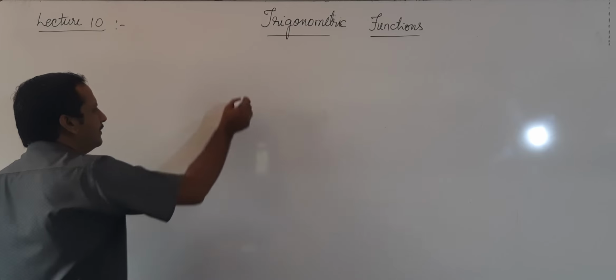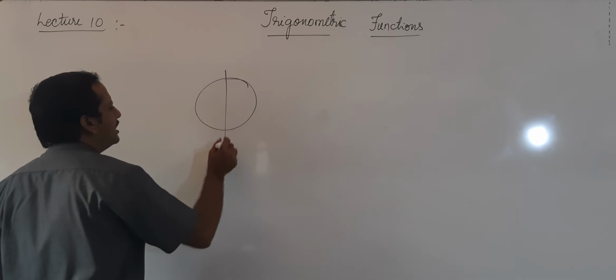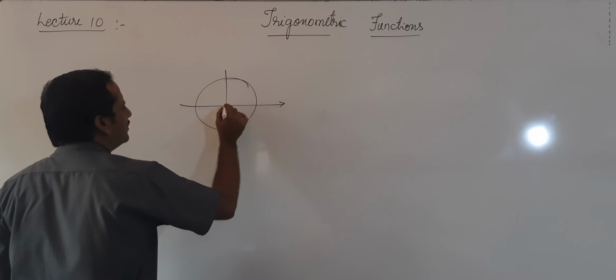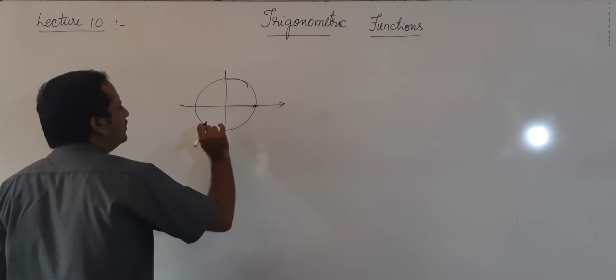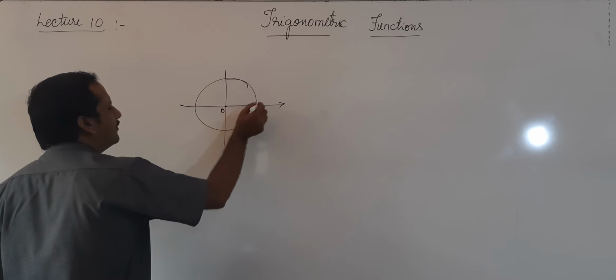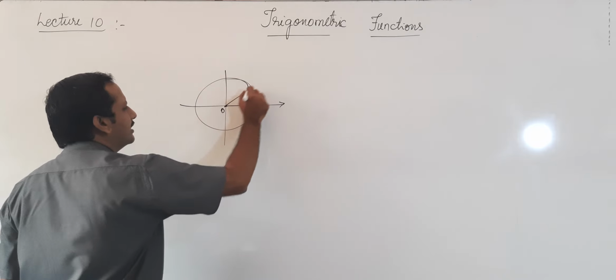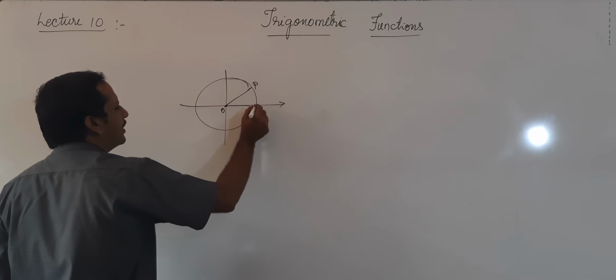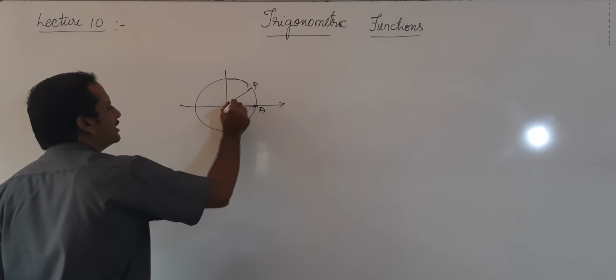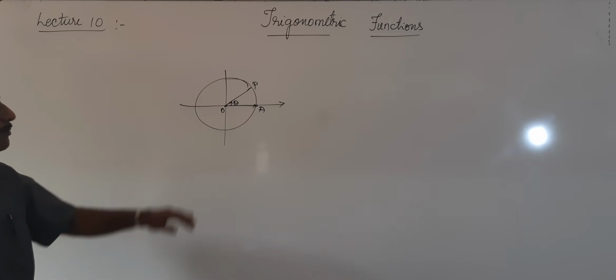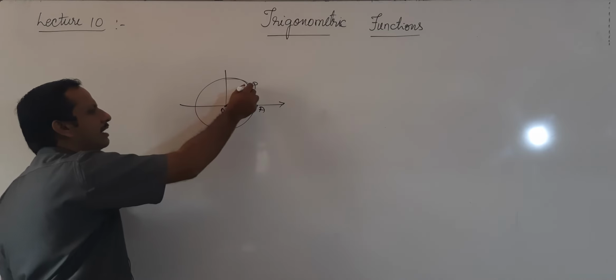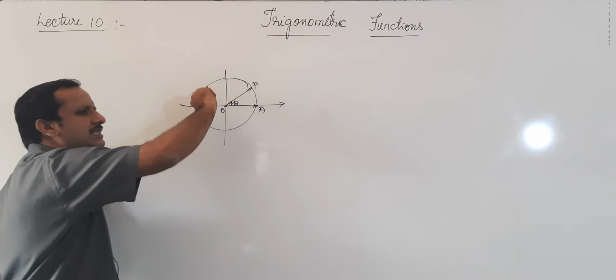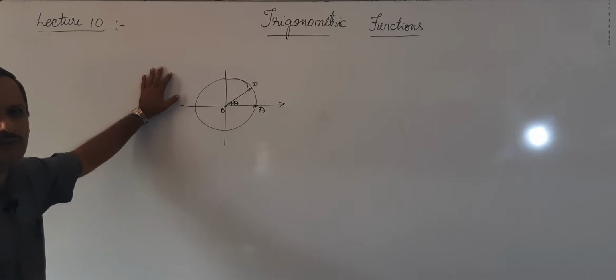Okay. See, now if I start at this point, let me take this point P. This angle is theta. I'll start at P and cover one full circle. That means I'll make one revolution.